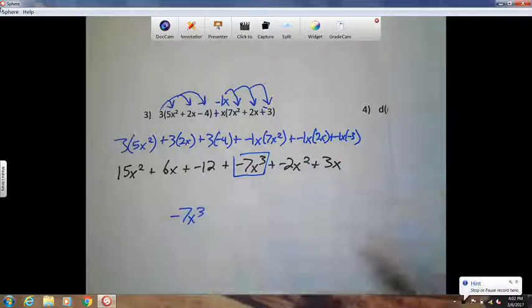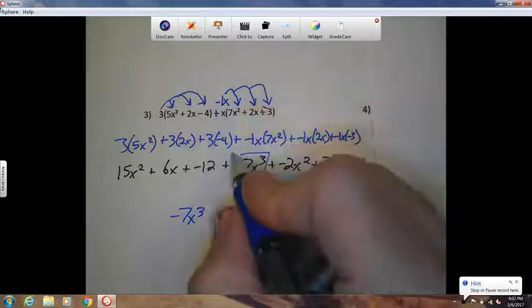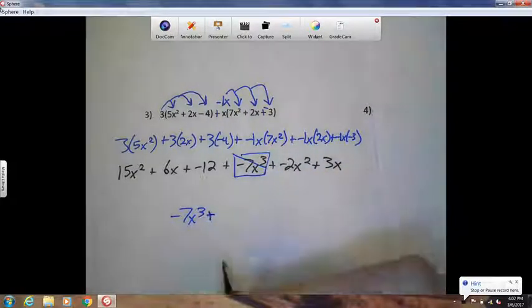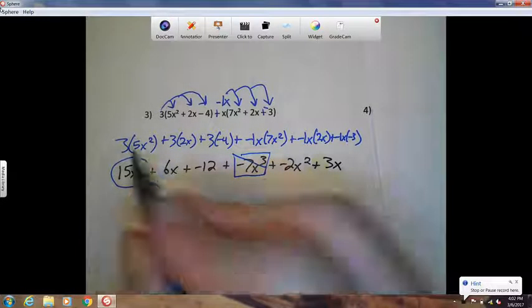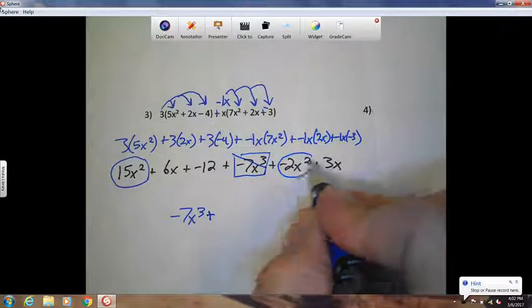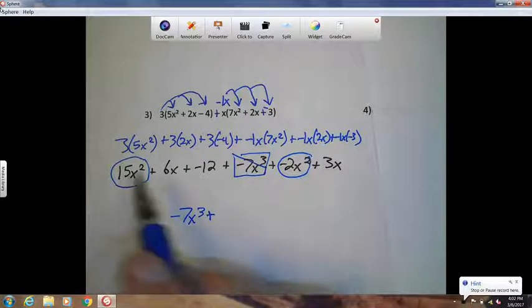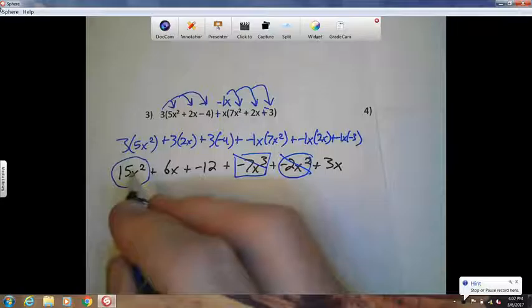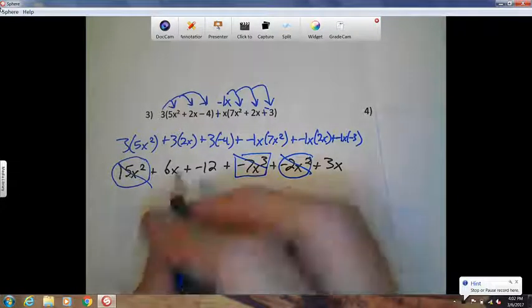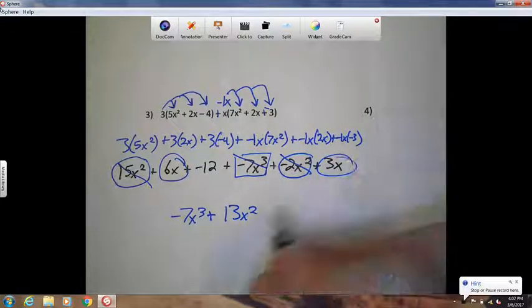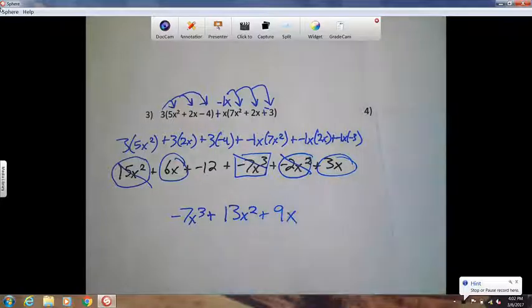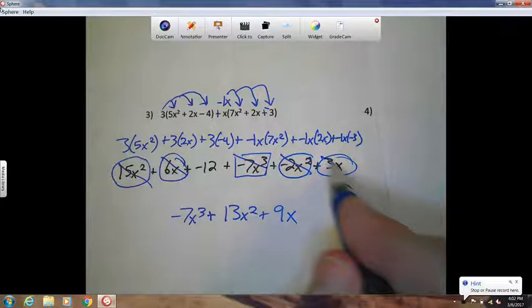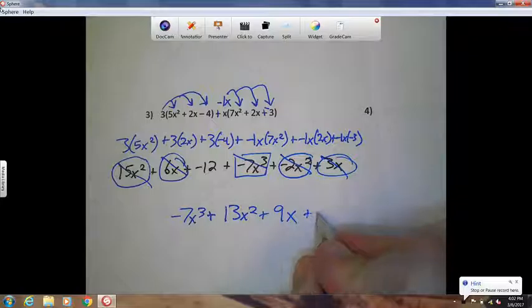Plus, okay, here's an x squared, here's an x squared. 15 plus a negative 2 is 13. 6x, 3x, combine to make 9x, and then negative 12. It's standard form, and I'm done.